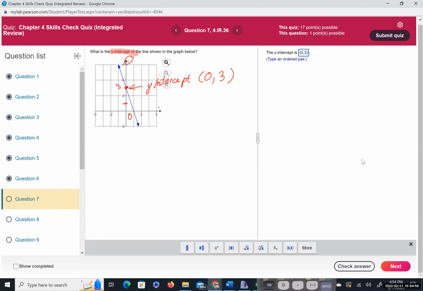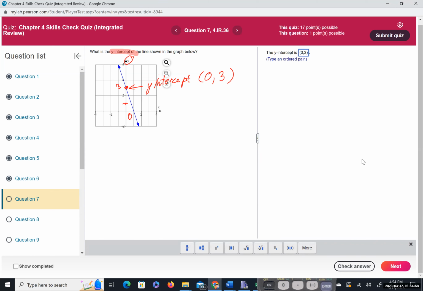You change this x to be 0, so you have 1/2 times 0. So you have y value equal to 0. So that means the y-intercept is x is 0 and y is 0.